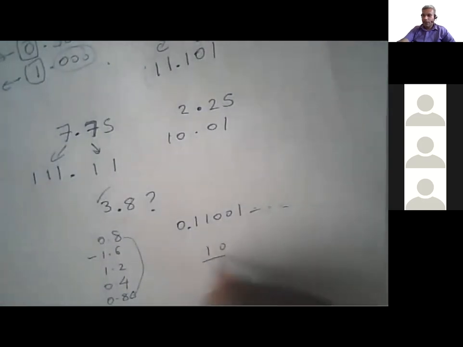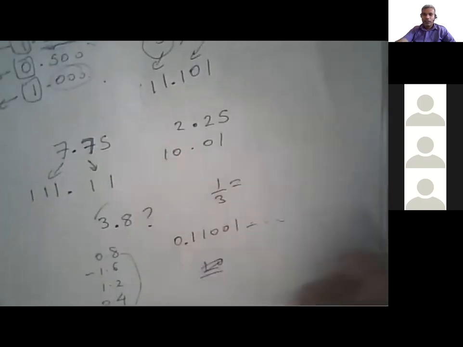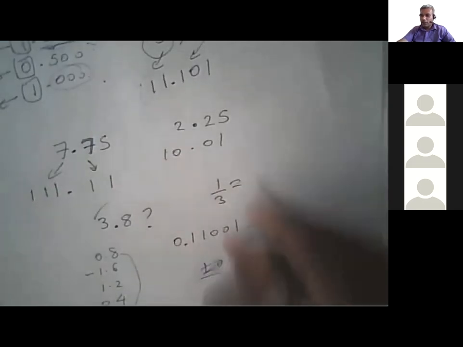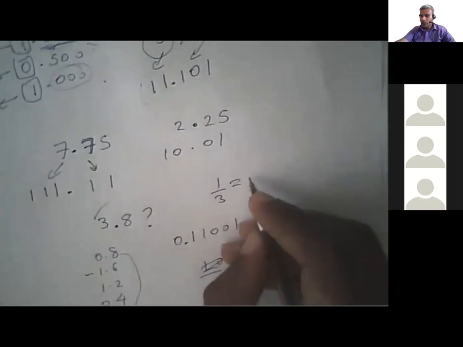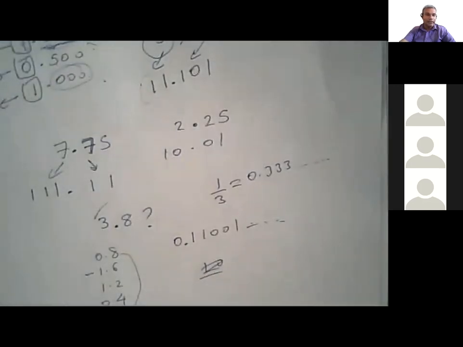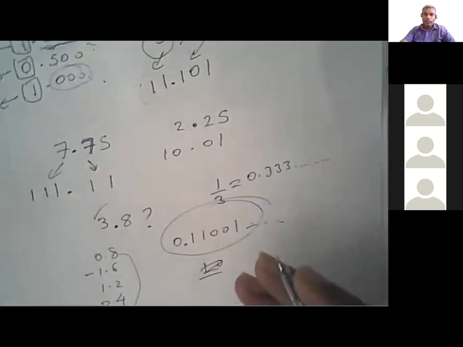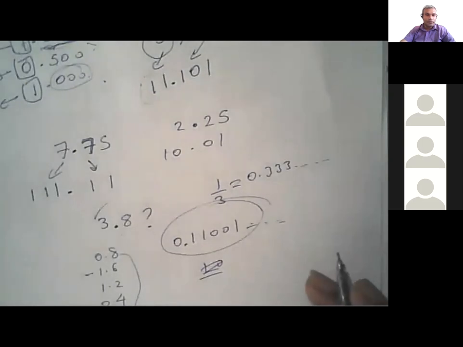If you say something like 1/3, if you try to convert into decimal points, you will end up with 0.33333 like that. It will never end. It's the same thing happening here, but only thing is now it's happening in the binary.